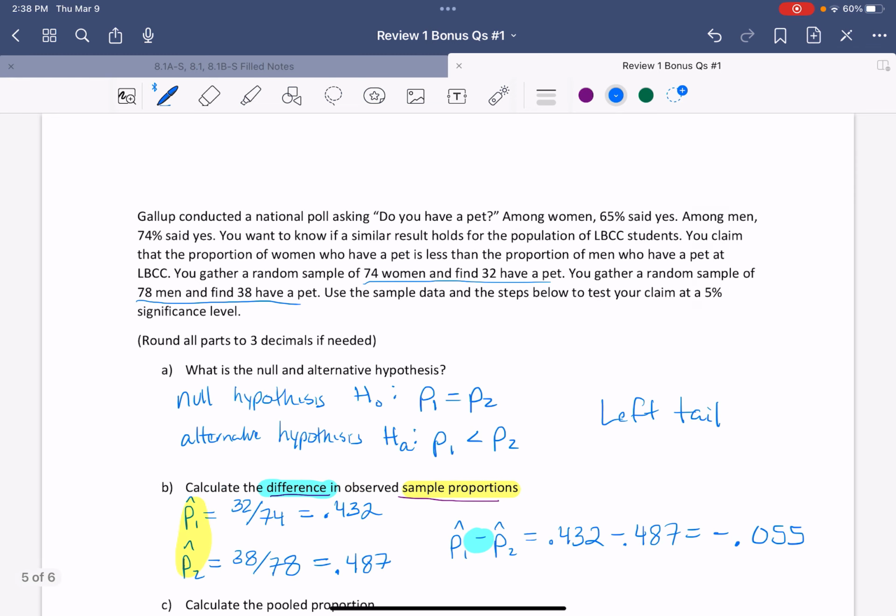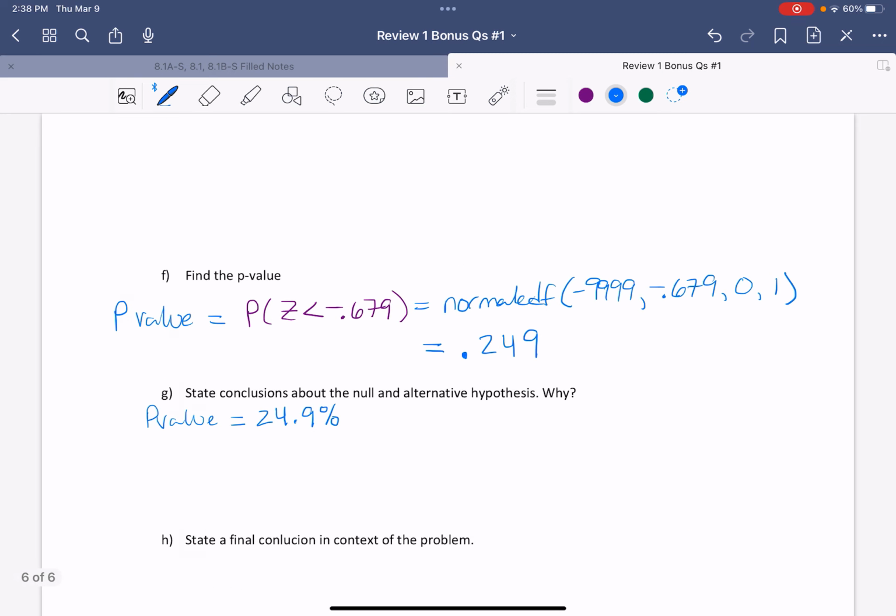We were comparing it to what significance level? 5%. Is 24.9% less than or equal to 5%? No. So it is not.